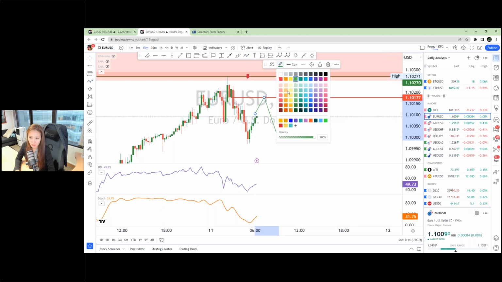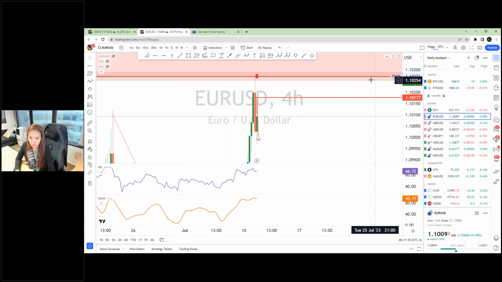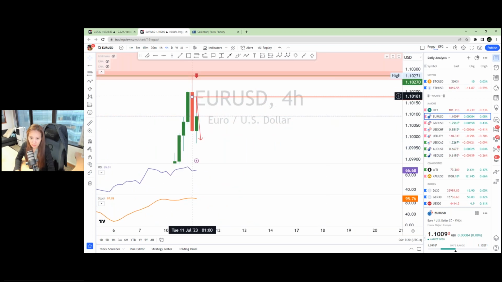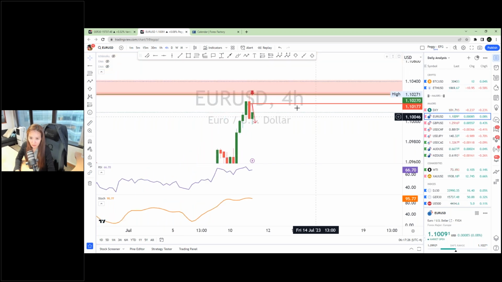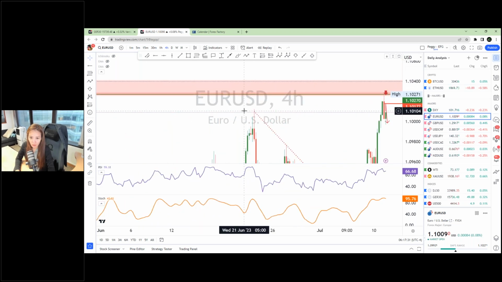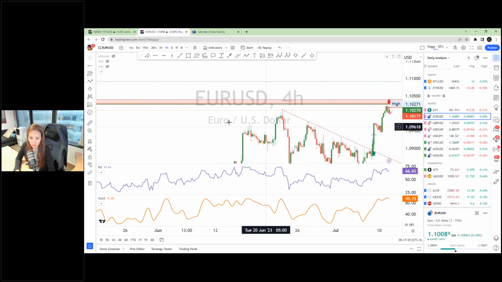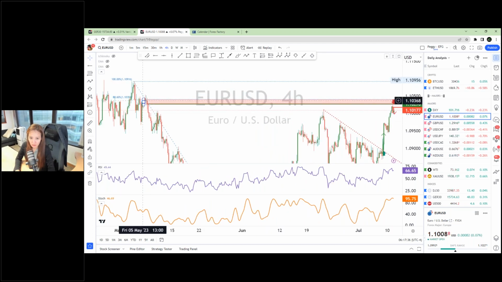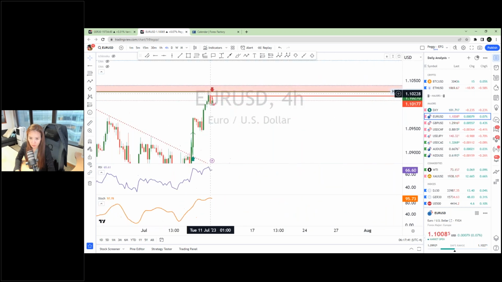Because in H4, this candle is really a bearish engulfing, and then price is really weak, and it came from the resistance level in H4, which is this one. This is the area we sell. So if you hold the trade, you can still hold.